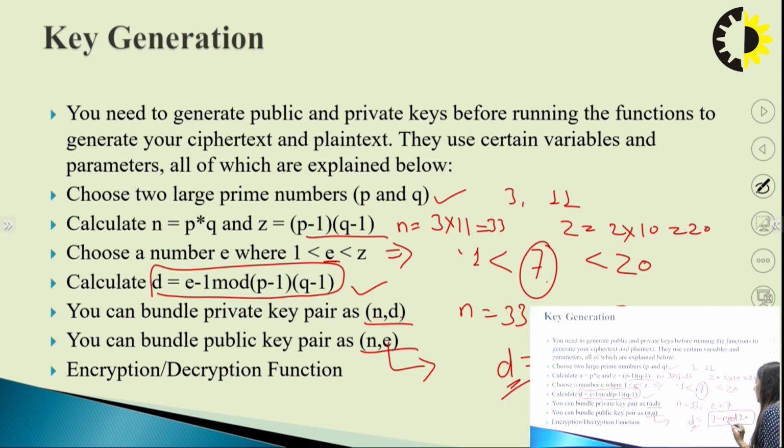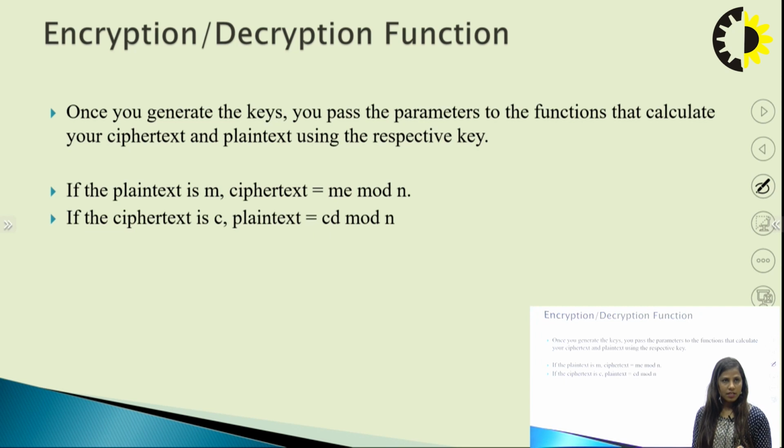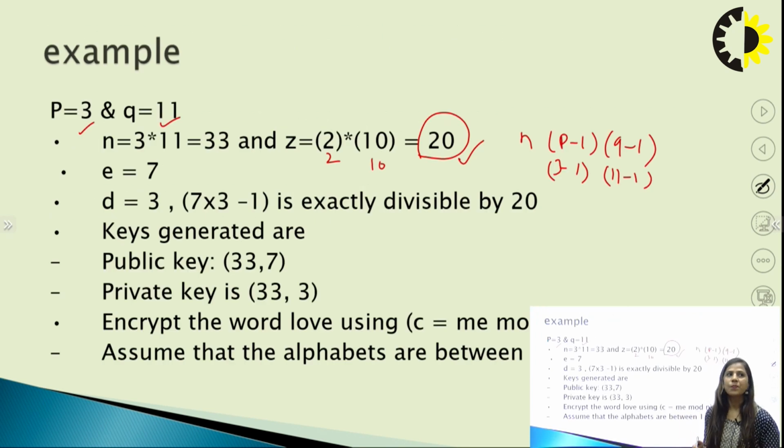What value should d be so that we get the remainder 1? For example, let's suppose I take 7 into 3, that is 21, and 21 mod 20. Here what remainder will I get? That is 1. So, the value we got is 3.